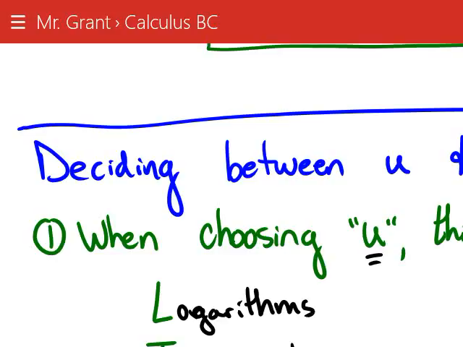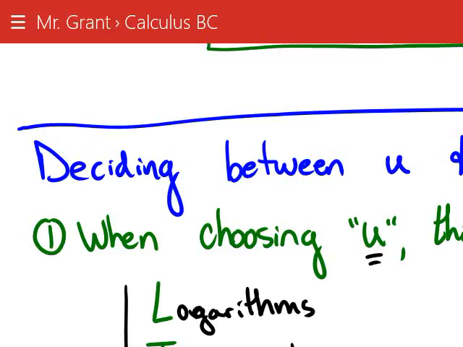LIATE stands for logarithms, inverse trig functions, algebraic functions like polynomials, x to some power, trig functions, and then exponentials. We work from the L over to the E, left to right throughout the acronym. Whichever type of function you get to first is what u is generally going to be.